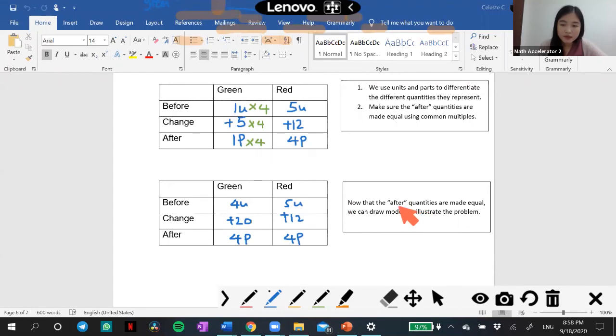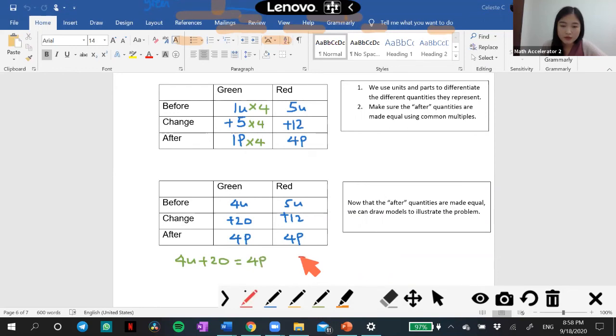Right, now that the after quantities are made equal, we can draw models to illustrate the problem. So for the green, we have 4 units at the beginning, plus 20, and we end up with 4 parts.